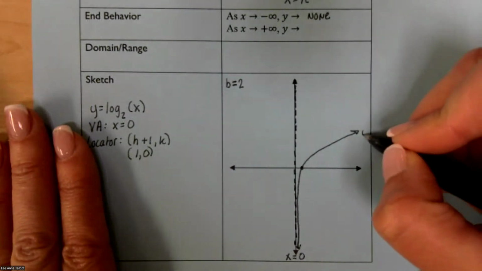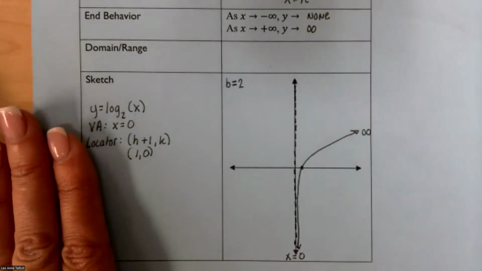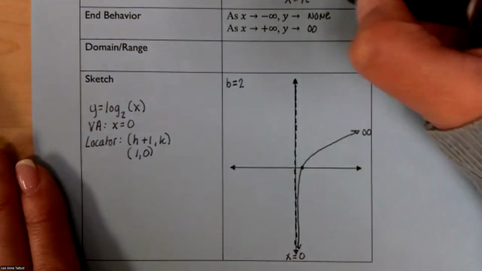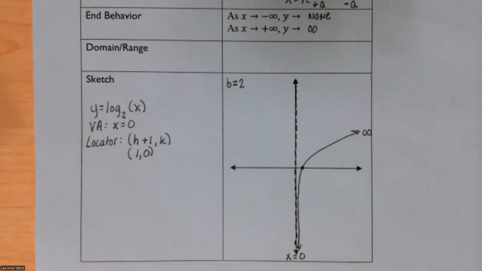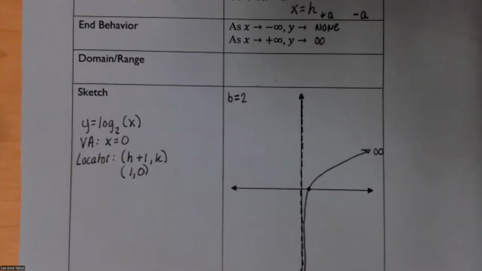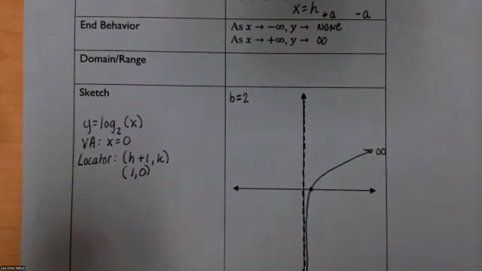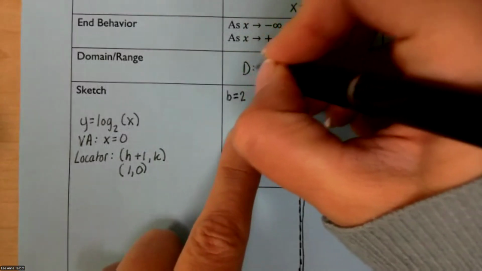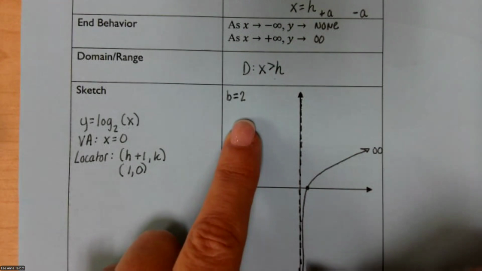Okay, but there is right end behavior, and that is going to infinity. But remember, we are going to probably have a negative a situation that's different. Okay, and then the domain is x is greater than h.